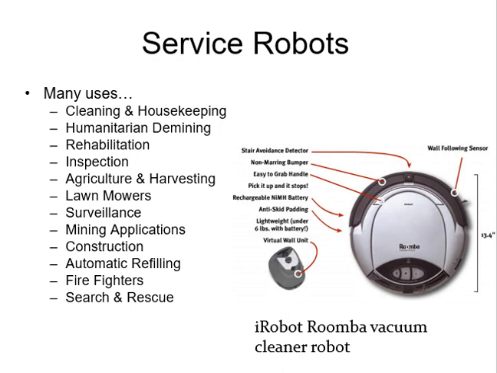A robot has many services such as cleaning and housekeeping, humanitarian demining, rehabilitation, inspection, agriculture and harvesting, lawn mowers, surveillance, mining applications, construction and automatic refilling, firefighters, and search and rescue. So these are the services provided by our robots.